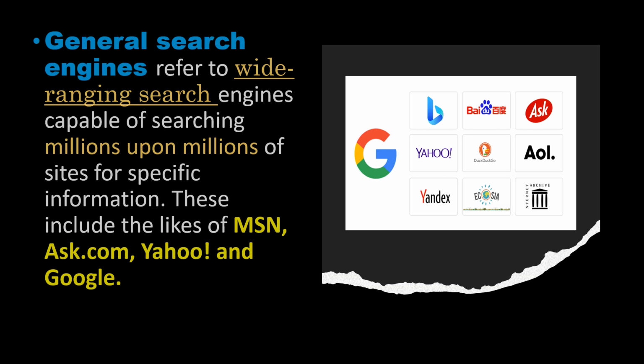These include the likes of MSN, Ask.com, Yahoo, and Google. Okay? So, ito daw yung mga search engine kung saan napakadami mong makikitang information. There are millions of sites, okay, that support your research. Again, anong tawag sa kanila? General search engine.